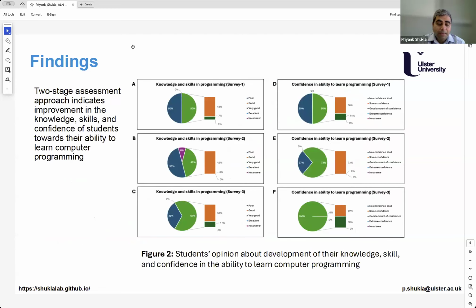So we also found that this approach indicates improvement in the knowledge, skill, and especially the confidence of the students towards their ability to learn programming.